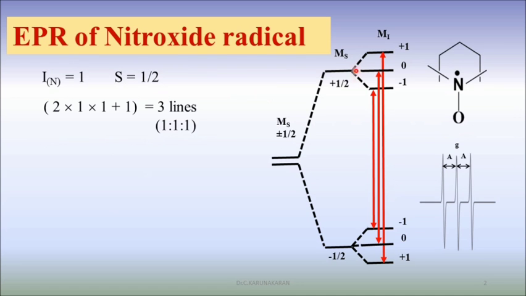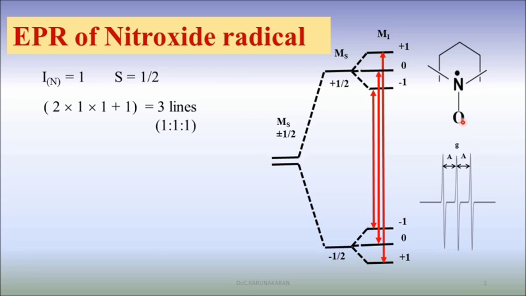Here is the nitroxide radical. These nitroxides are very important organic radical compounds used in spin labeling, ESR spin labeling. We'll see this further. The unpaired electron is on the nitrogen atom, delocalized over the N-O bond. Nitrogen is NMR active, whereas oxygen-16 is not.